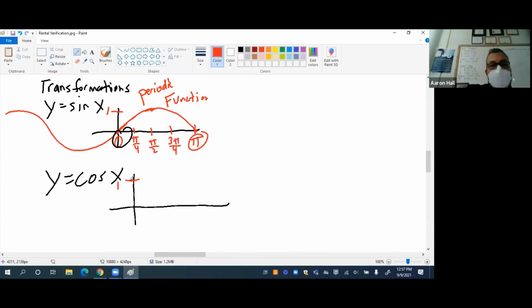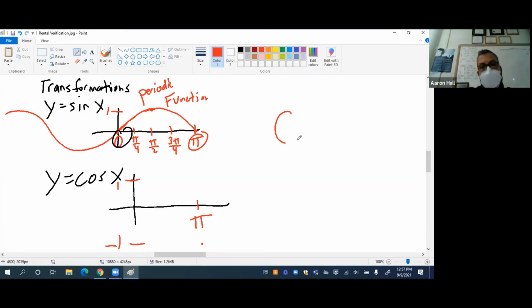What happens when I plug in pi? Isn't that just the opposite of sine? What do you mean by opposite? It's hard to say the word opposite in math. Do you mean the reciprocal? Do you mean the inverse? So what happens when I plug in pi? -1. I get -1. So I get a value that's down here at -1.